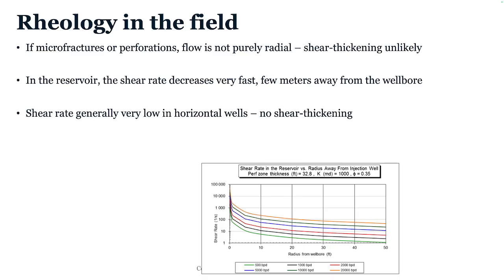You are below 100 reciprocal seconds, and then below 10 reciprocal seconds, which is too low to observe any of the shear thickening effect that we can observe in the core without the presence of fractures or any of the features that condition the way the fluid gets from the wellbore into the reservoir. For horizontal wells it's a bit different, because the rates very often are very low, and it's rare that we have to look for shear thickening in this case.